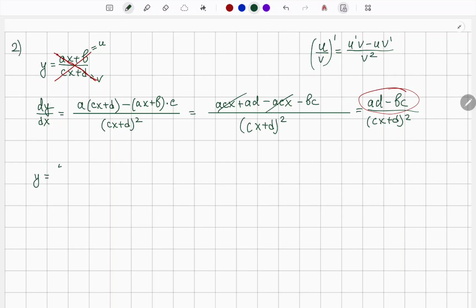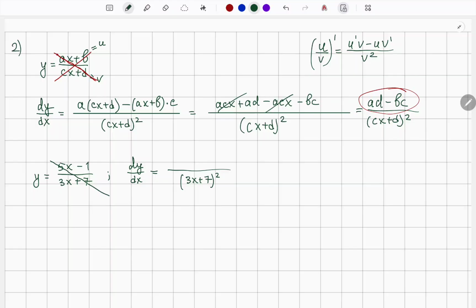y equals 5x minus 1 divided by 3x plus 7, I don't know. So dy over dx is equal to, so I know what happens to the denominator. It must be squared, no problem. And then let's apply the rule. So 5 times 7, 35. Let's do it mentally.